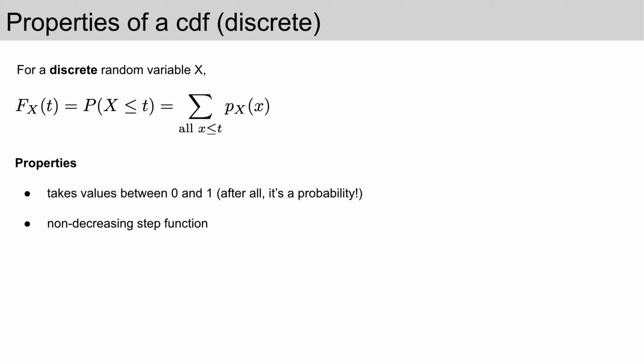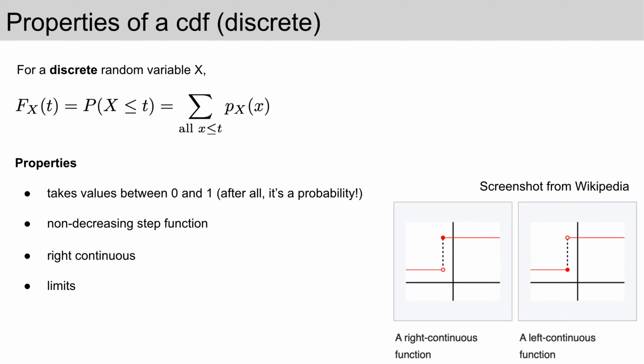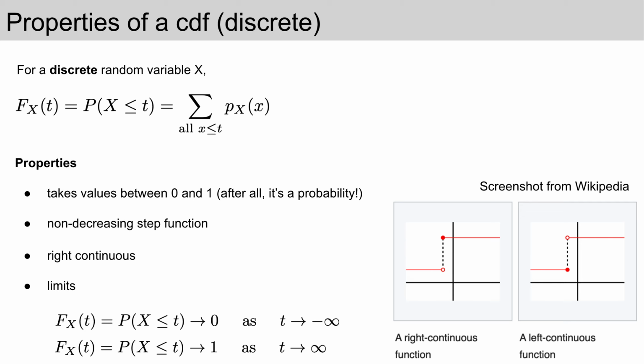But unlike a continuous CDF, a discrete CDF is a discontinuous step function. Next, these step functions are always right continuous. And finally, a discrete CDF will always approach the limit of 0 as t goes to negative infinity, and approach 1 as t goes to positive infinity.